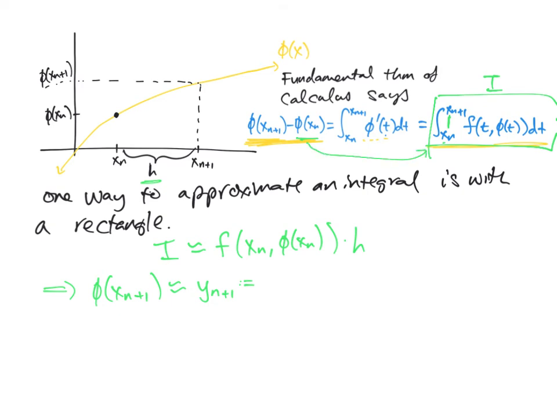So our phi n plus 1 is going to be approximately equal to, however we approximate phi xn, which if we have an approximation method, then it would be yn, plus our approximation of our integral, which is h times f of xn, yn. Okay, and so this is Euler's method.